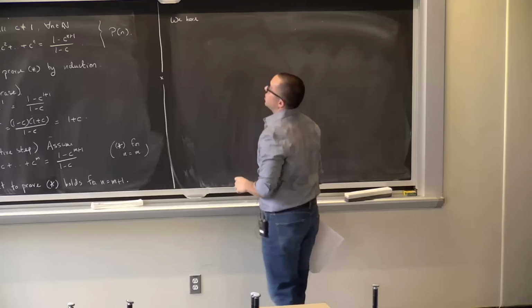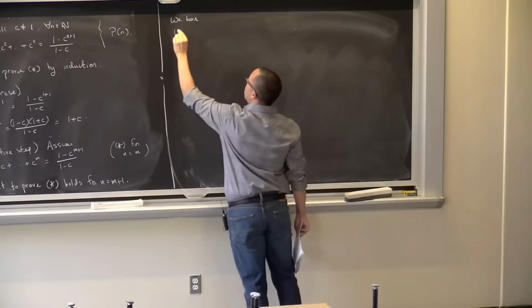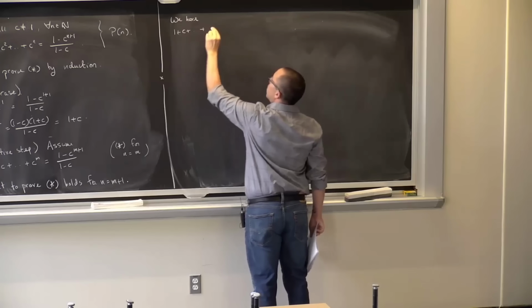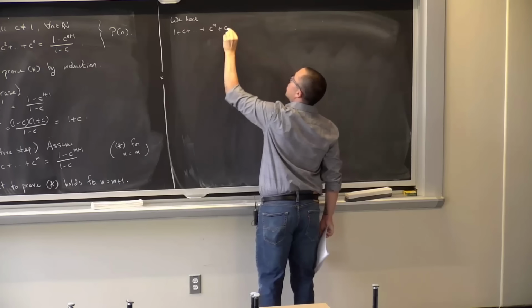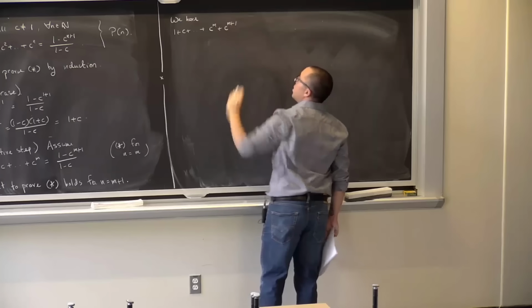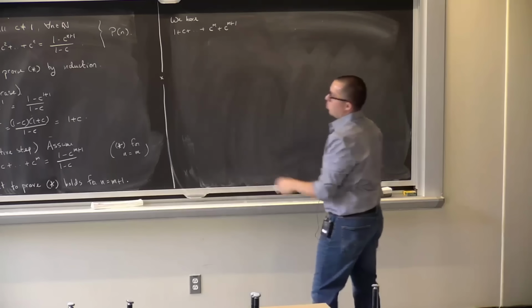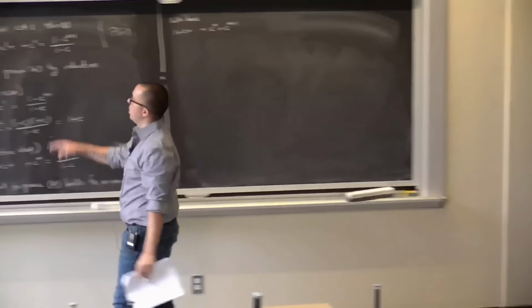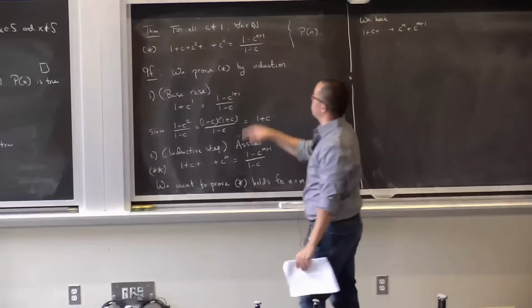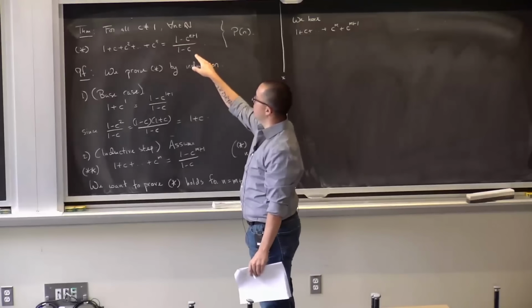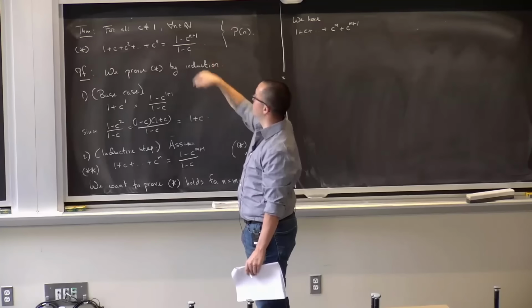So here is the calculation part. So we have 1 plus c plus up to c to the m plus c to the m plus 1. This is the m plus 1 case of the left-hand side of star, which we want to show is equal to the n equals m plus 1 case of the right-hand side.